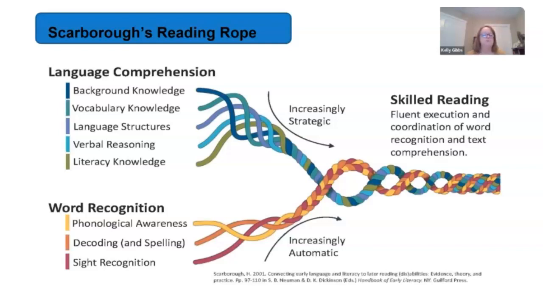Language structures, verbal reasoning, literacy knowledge, all woven together help students create strategic thinking in comprehension. And then, of course, the ability to understand the phonological piece strengthens decoding and spelling and builds overall sight recognition to increase automaticity, so that the two together help create our skilled readers.